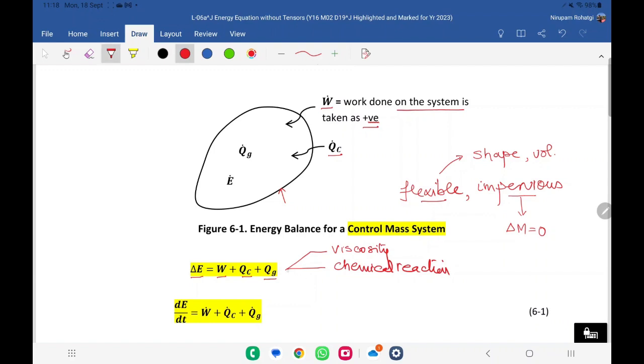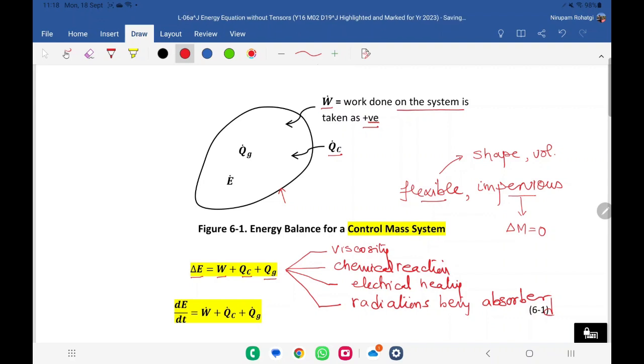We can also take something like electrical heating. And then there is one more, the radiation being absorbed. It is up to us how we want to take the radiation.